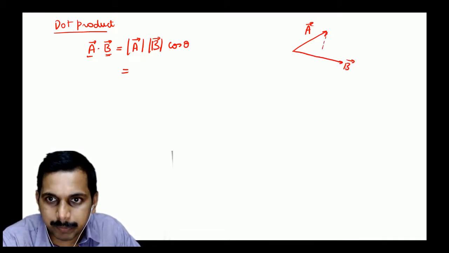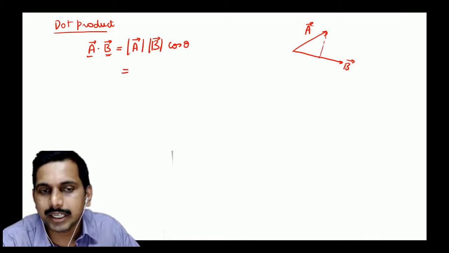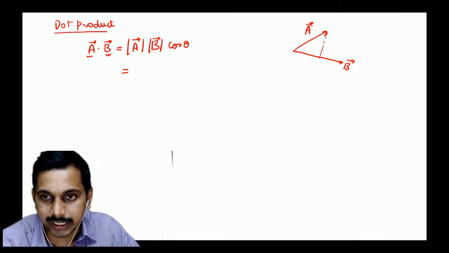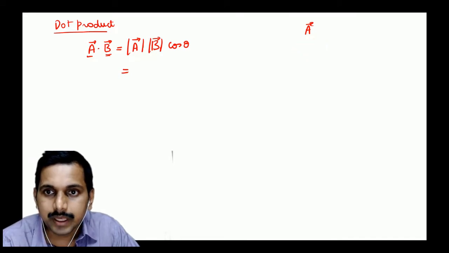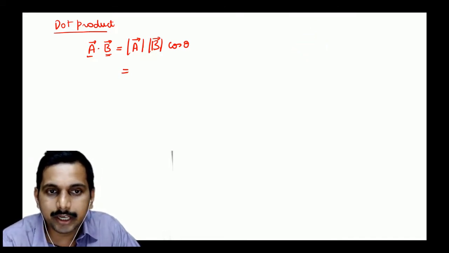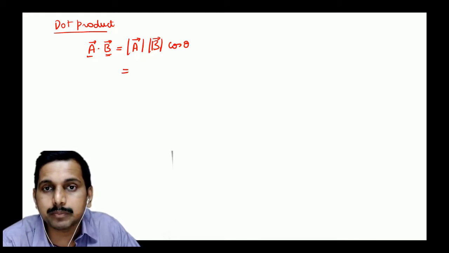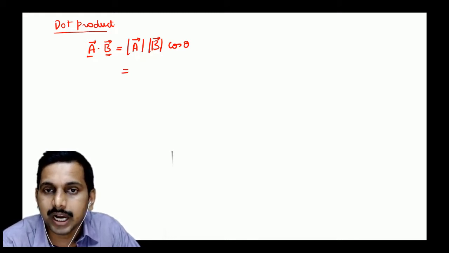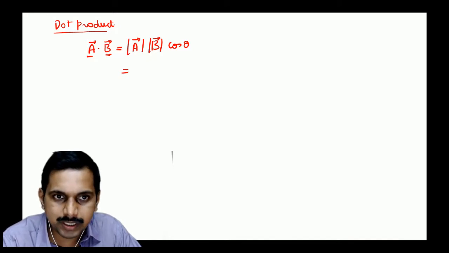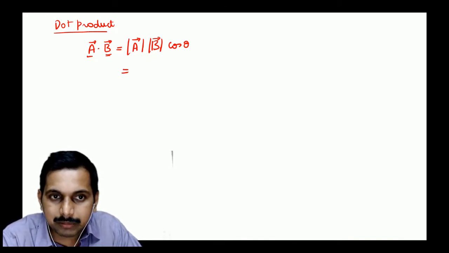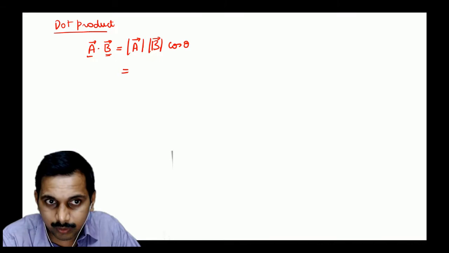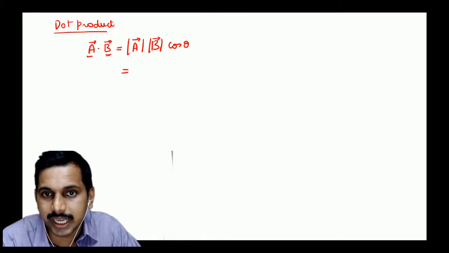We are taking a perpendicular here, correct? It's not exactly like that, I cannot say it that way, but still we can write A dot B as magnitude of A into magnitude of B cos theta. How does that come? When you see, what is A dot B?